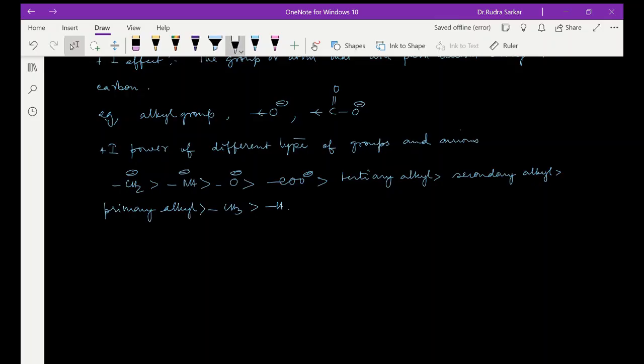Now let us do some problems in relation to the inductive effect. So let's consider application of inductive effect.